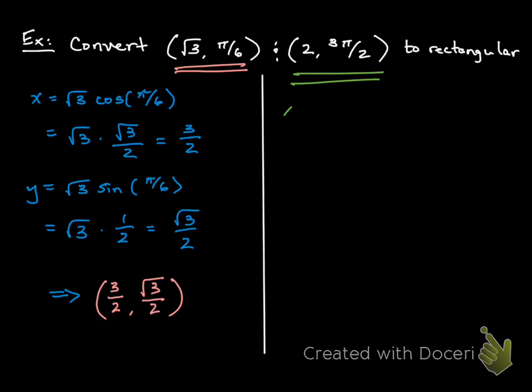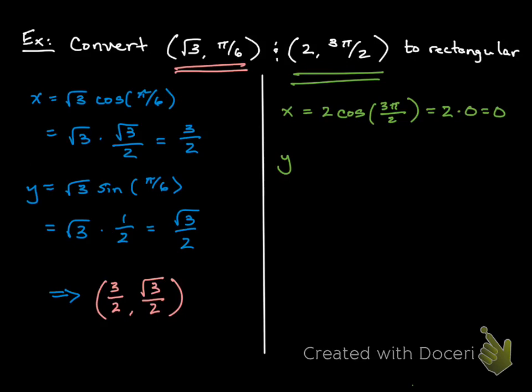Same thing here. x equals r cosine theta, where r is 2 and theta is 3 pi over 2. So in this case, cosine of 3 pi over 2, that's 270 degrees, and cosine of that angle is 0.